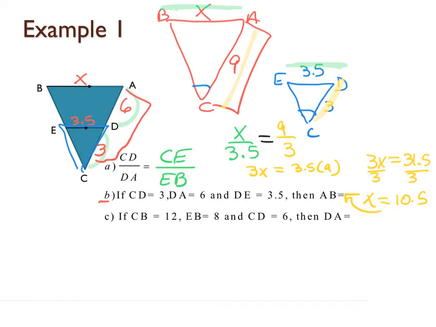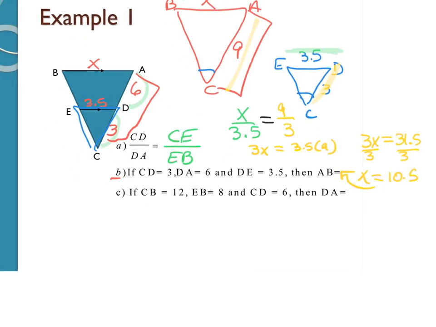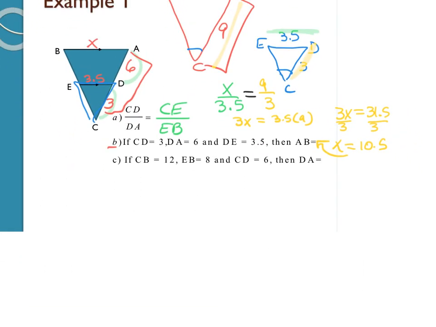Now for part C, I'm going to erase all those labeled sides. Actually, I could redraw it down here. Let me do that. Yes? Could you change 9 over 3 to 3 over 1? Yes, you could. So if you wanted to simplify the 9 over 3, that's a good point to bring up.